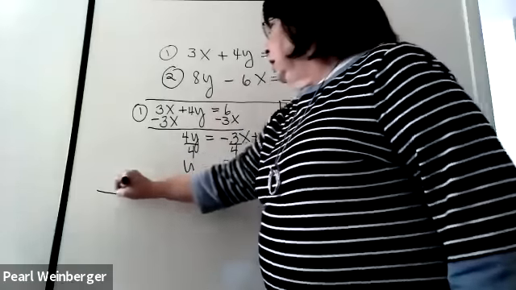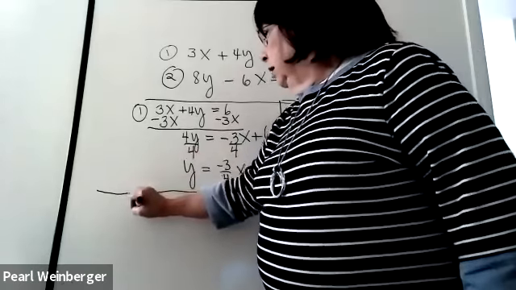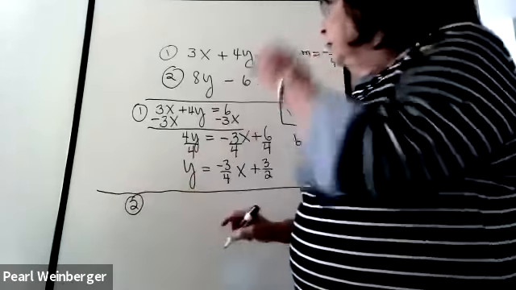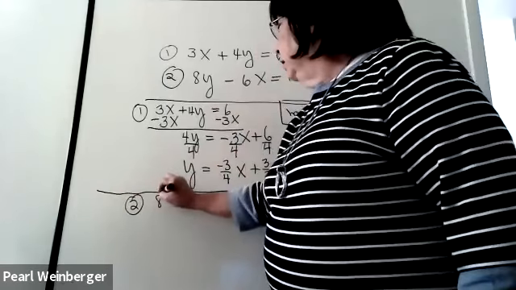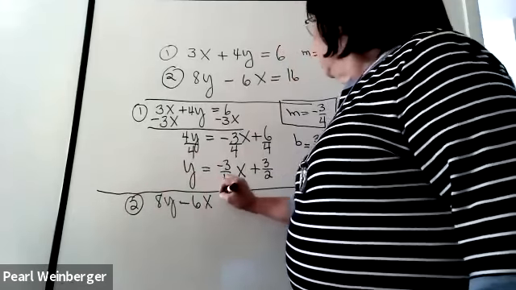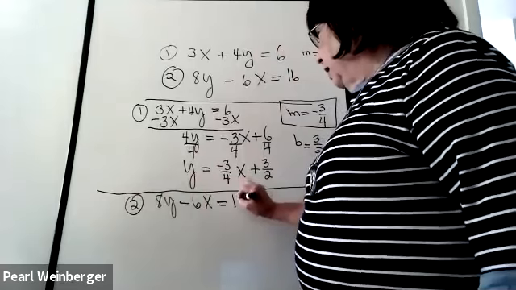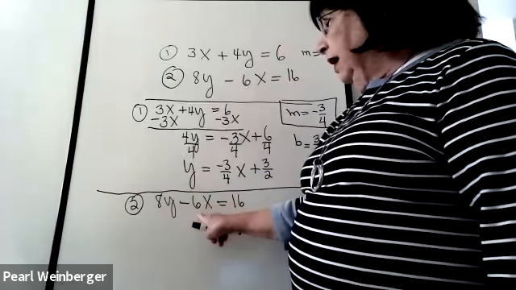Okay, let's look at line number 2. Line number 2 looks like this. I have 8y minus 6x equals 16. Again, I have to get the y alone. So therefore, I have to bring the x to the other side.